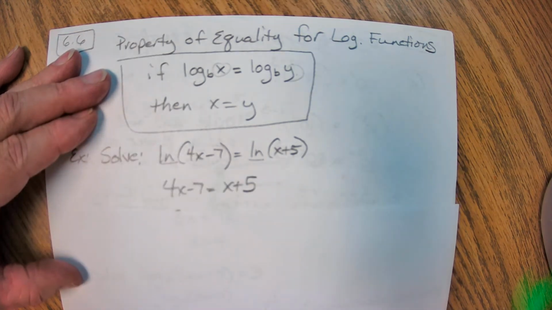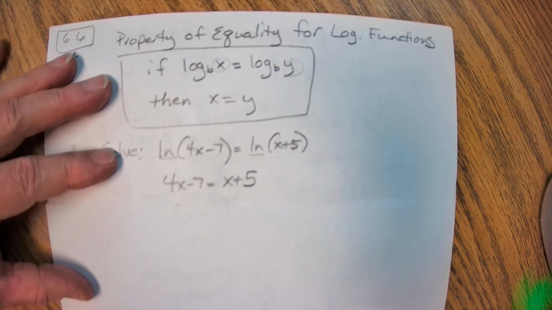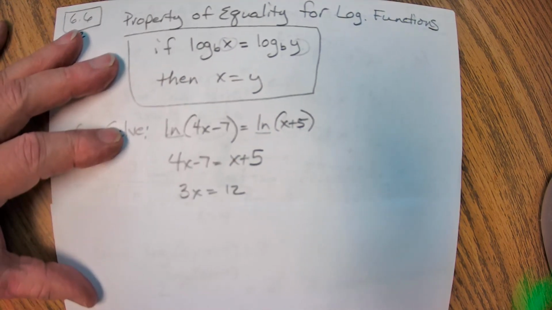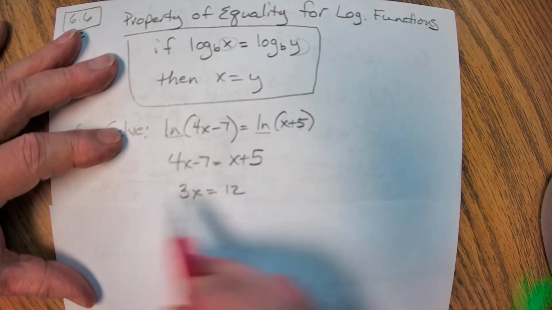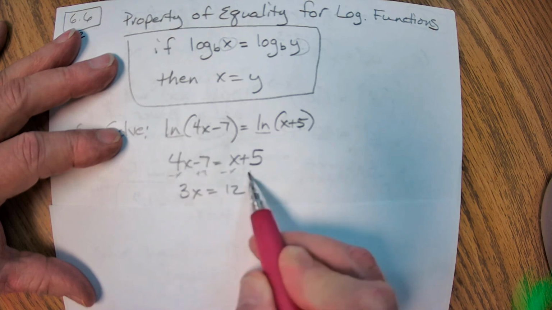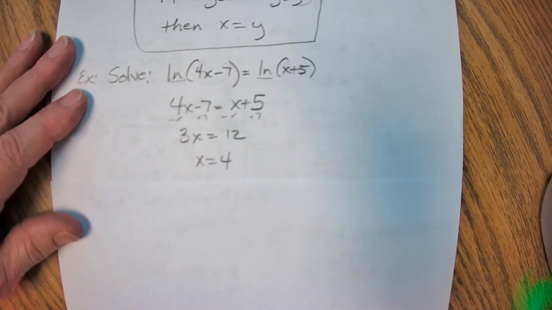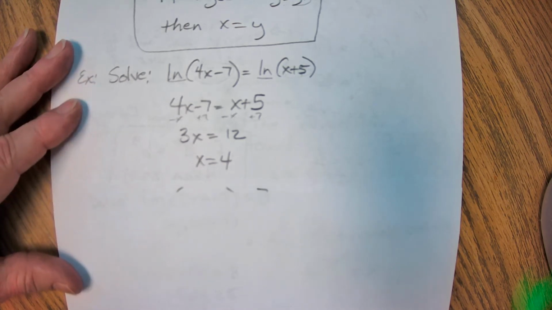And I would just set 4x minus 7 equal to x plus 5. Solve for x. Let's see, I would subtract x from both sides and add 7, which leaves me 3x equals 12. Divided by 3 gives me x equals 4.